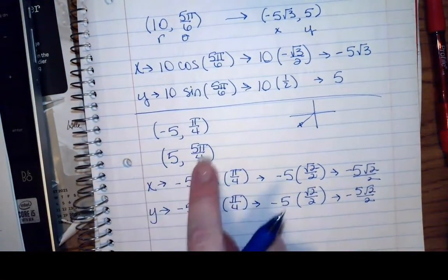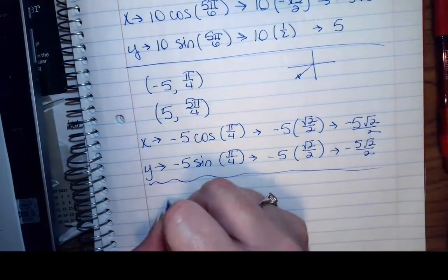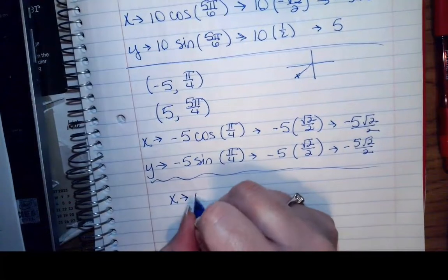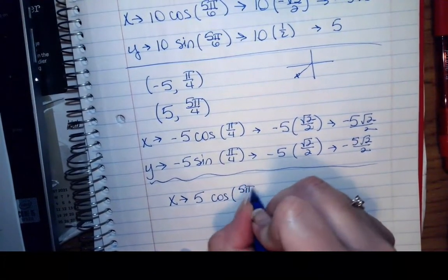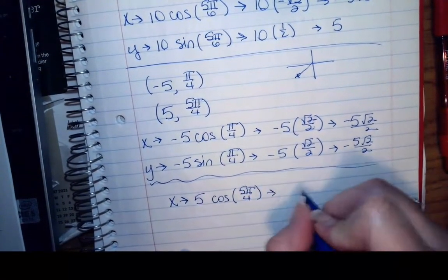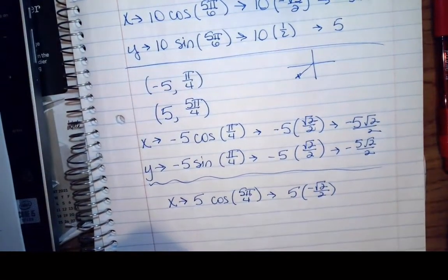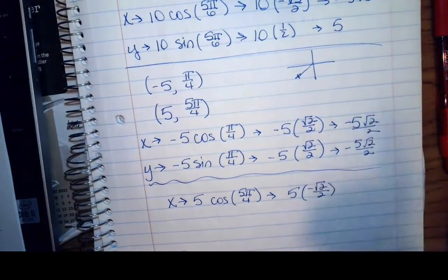Now, let's try it with this one. Same problem: for x, I'm going to have 5 times the cosine of 5π/4, which gives me 5 times negative √2/2, which gives me the same x coordinate.